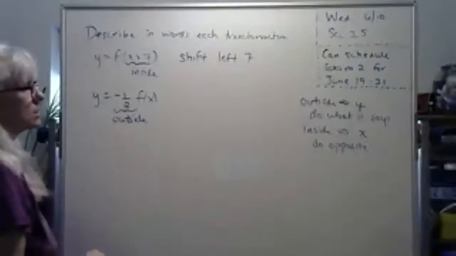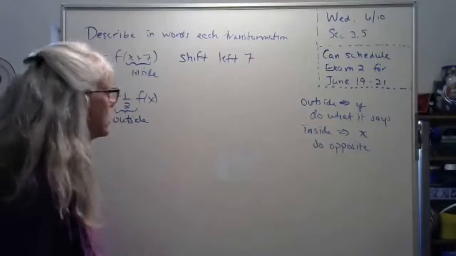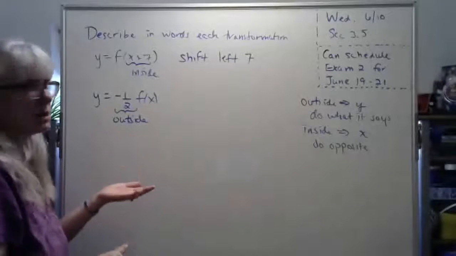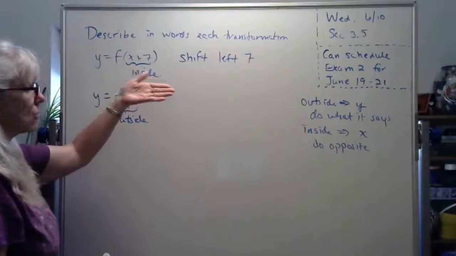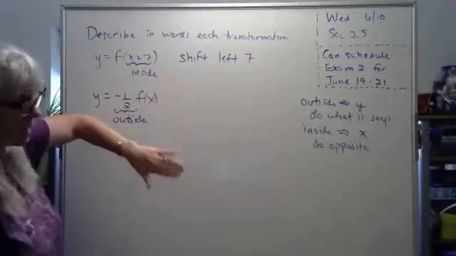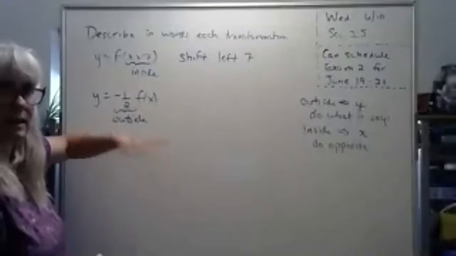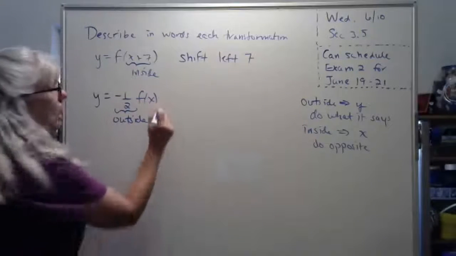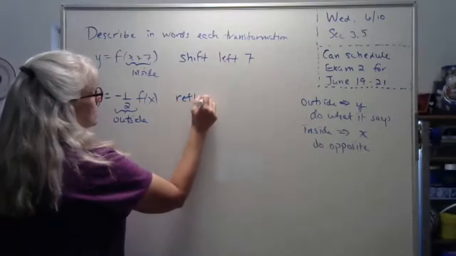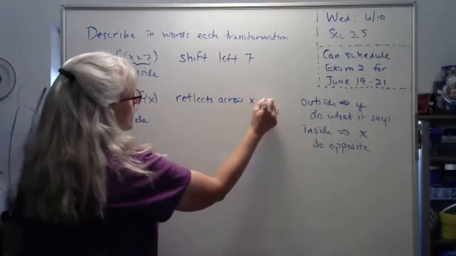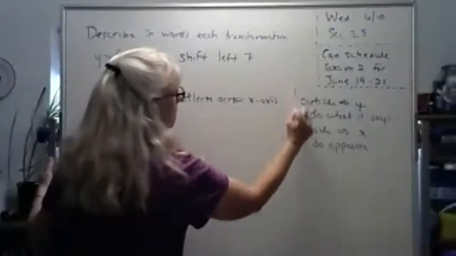It's considered to be outside. So we know it's going to affect our y values. Let's deal with the negative first, because it's the first thing we see. Anything that's a positive y value, it's going to make into a negative y value and vice versa. So it's changing the sign on y, which is a reflection across the x-axis.